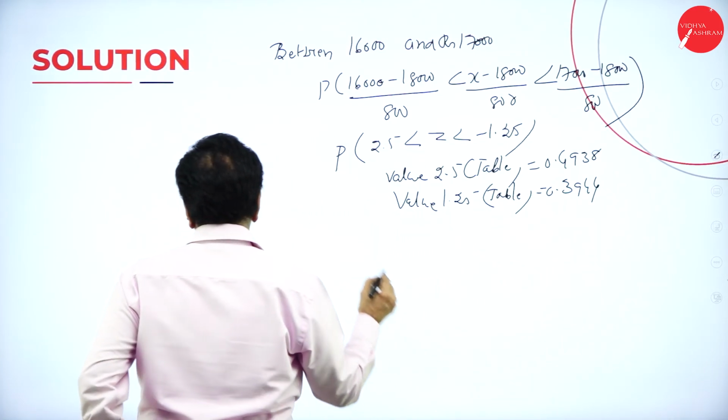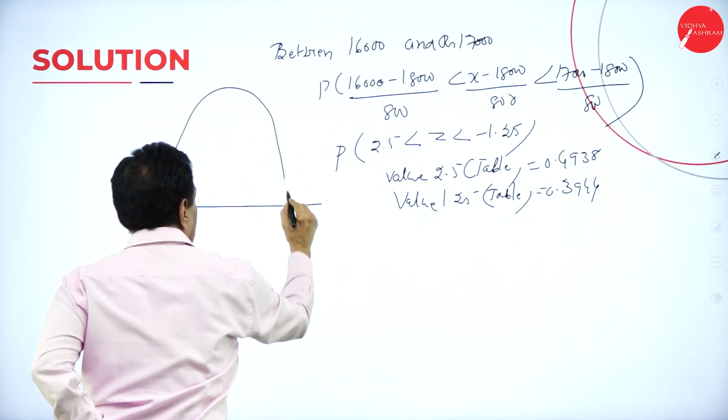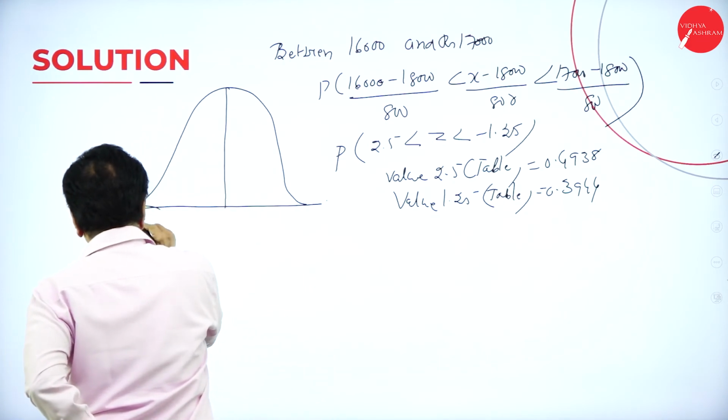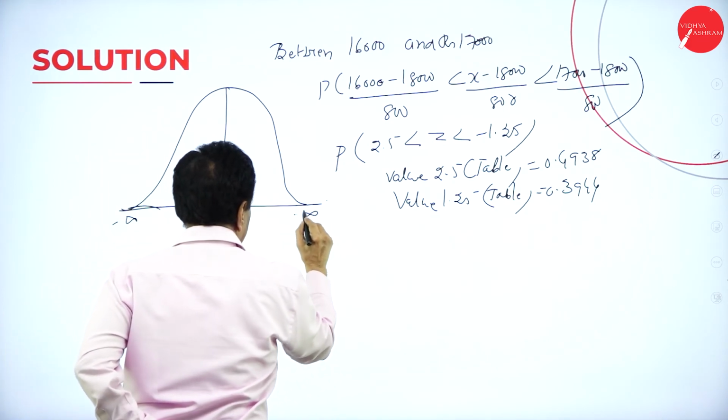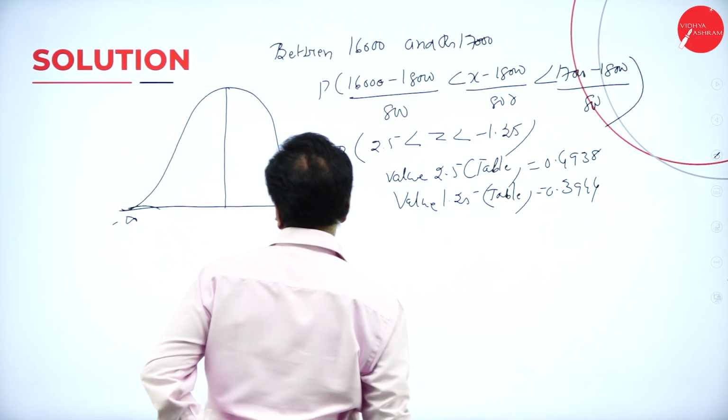So here you put this. This is minus infinity, this is positive infinity. What is the first value? 2.5.